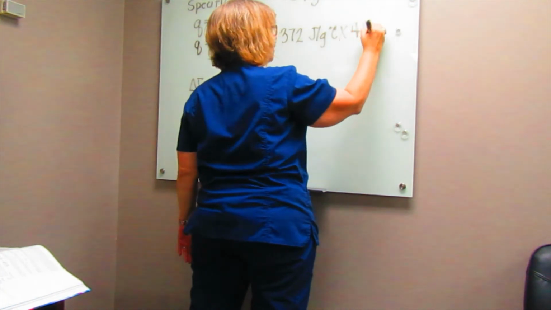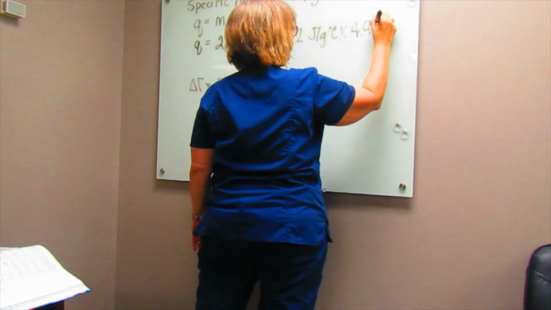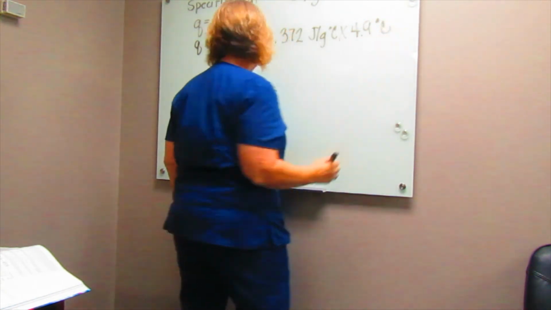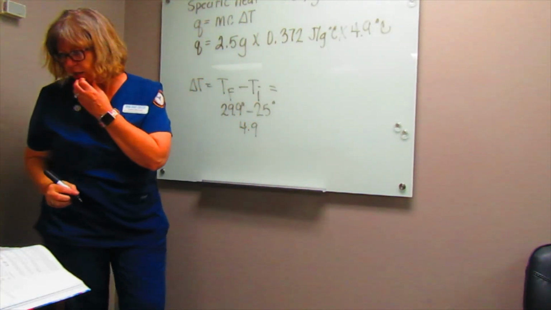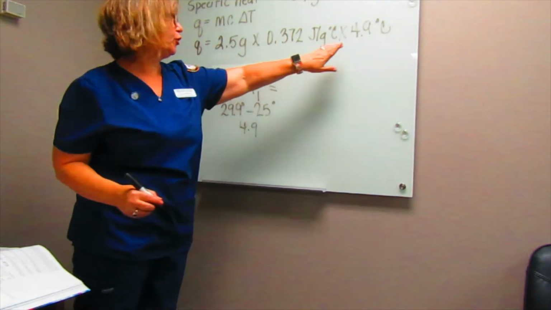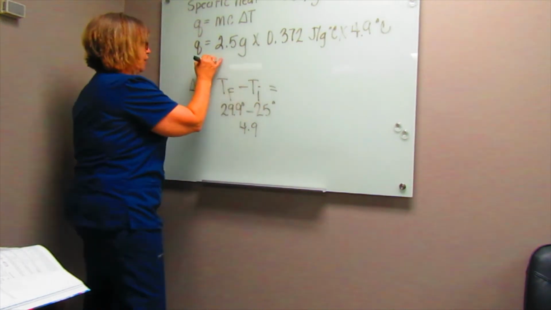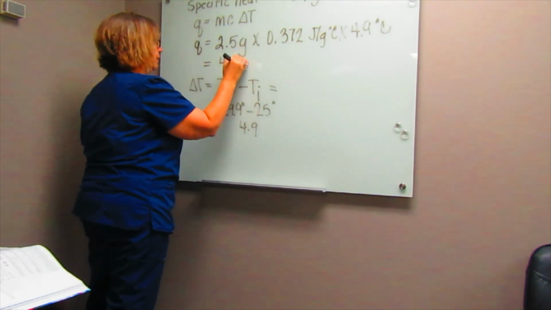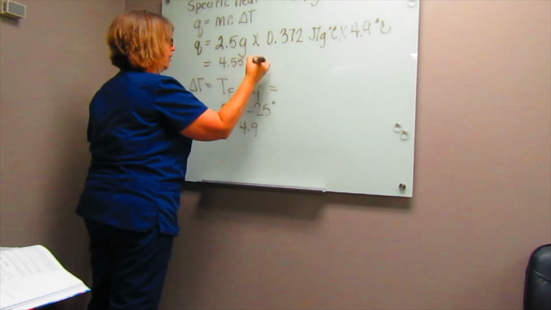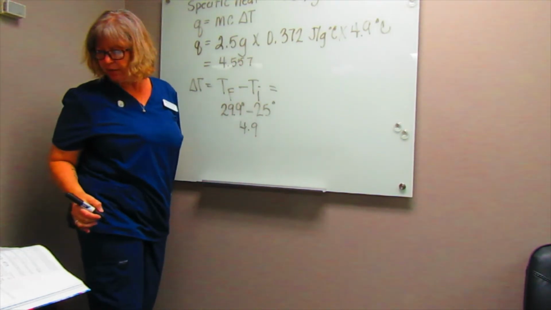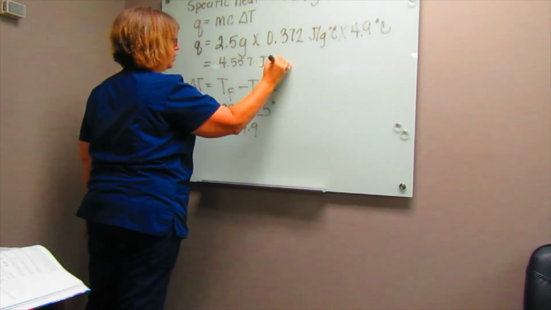4.9 degrees Celsius, okay? So when we multiply these across, you should come up with 4.557 joules.